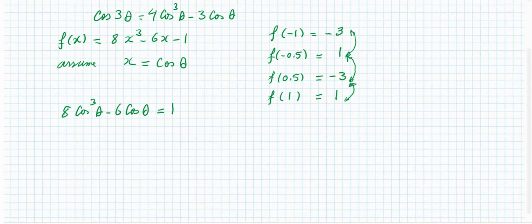Dividing both sides of this equation by 2 to end up with the 4 and minus 3 coefficients of cosine cubed theta.